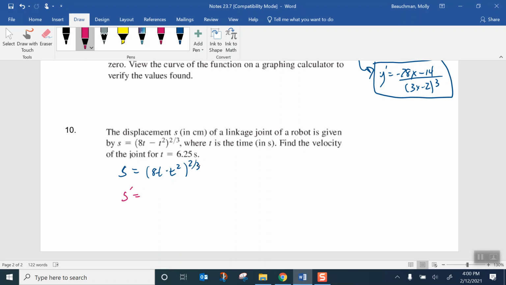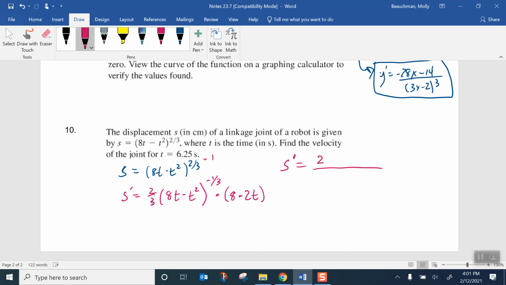So the derivative is going to equal 2/3 times (8t minus t squared) to the power of 2/3 minus 1, which is negative 1/3, times the derivative of the inside. Derivative of the inside is 8 minus 2t. So I'm going to clean this up a little bit and write it because I'm going to have to plug in 6.25. Things that go in the numerator are the 2.